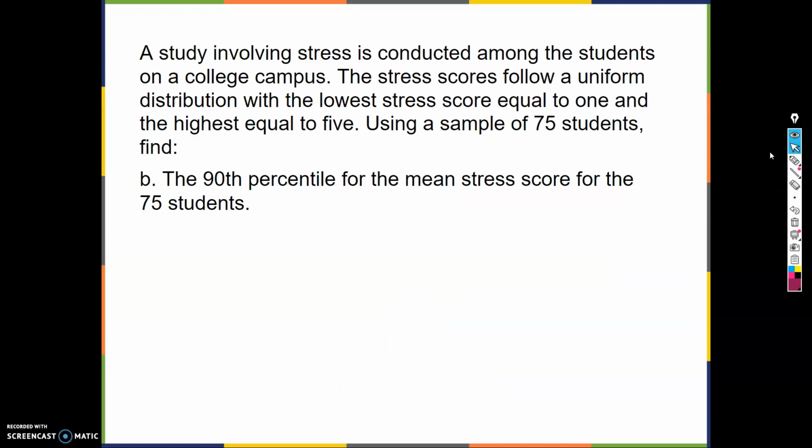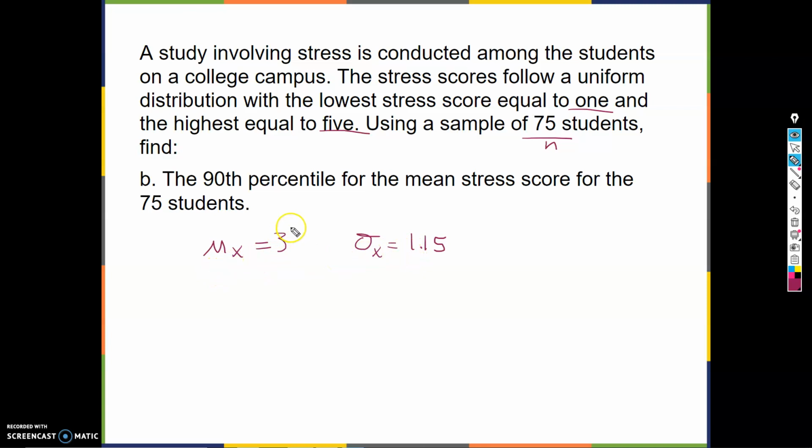Okay, same example, different type of question. Stress scores follow a uniform distribution, n is 75. Again, our original mu was 3. Our original standard deviation was the same as before.